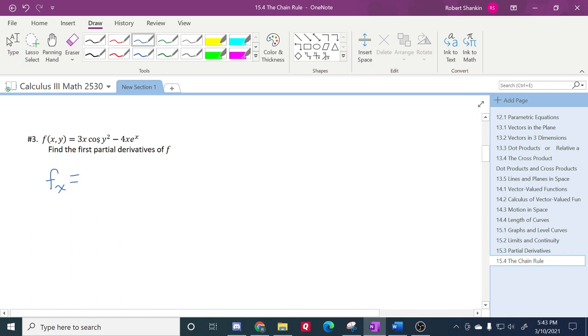Okay, so we hold the y as constant. So we think of 3 cosine y squared as all the constant out in front times x. The derivative of a constant times x is just the constant. And then when we take the derivative of this, I need the product rule. I'm going to group this together.